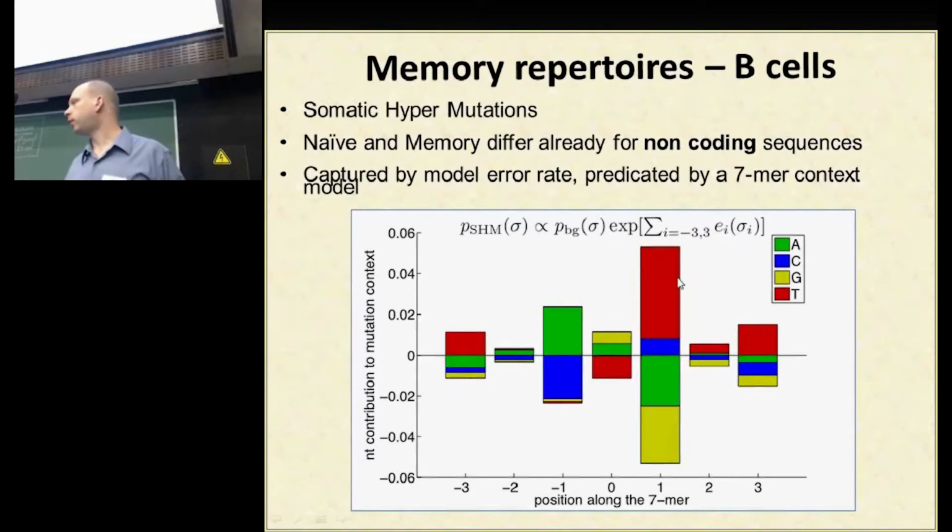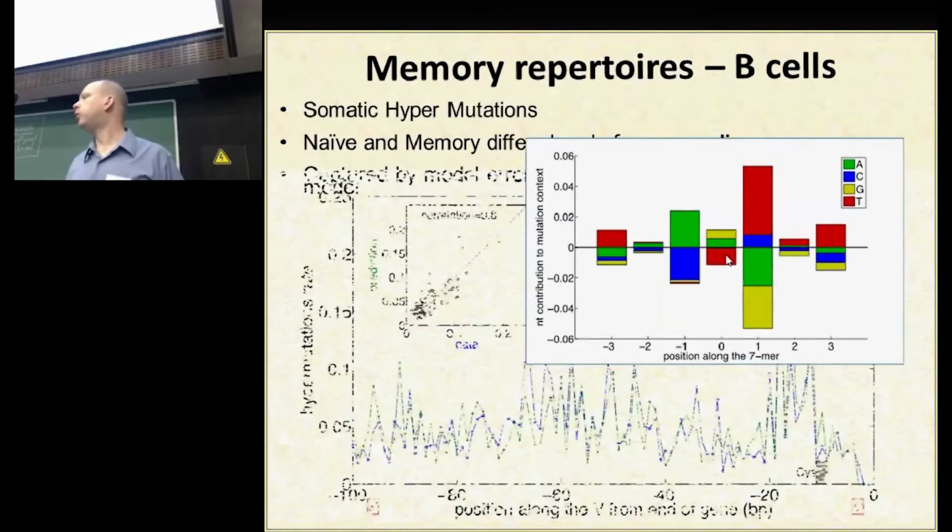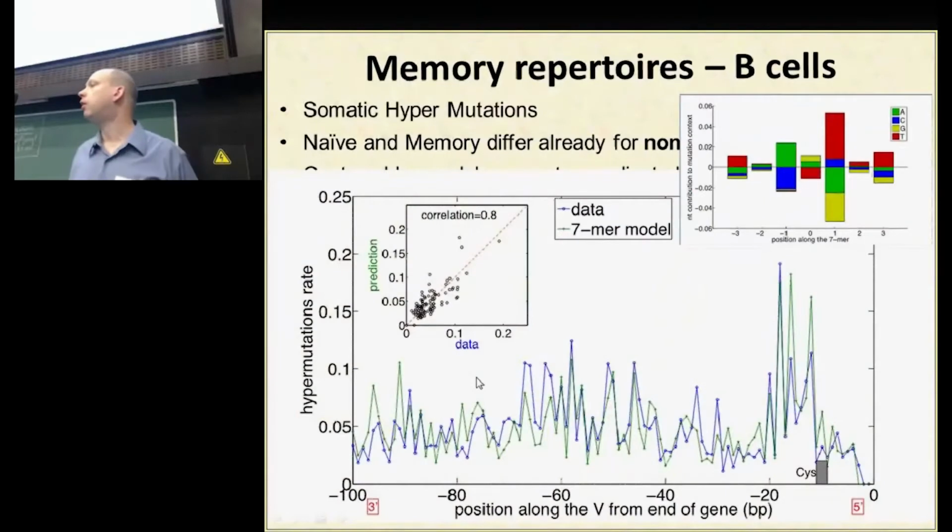This kind of model we built out of data again, in the same way, using some kind of EM algorithm, and you can see it tested against data. So this is the position on the V gene, all right? The CDR3 is here somewhere. This is the V gene, and the blue line is the actual hypermutations we see across all sequences, and the green plot is our model, and it fits very nicely.